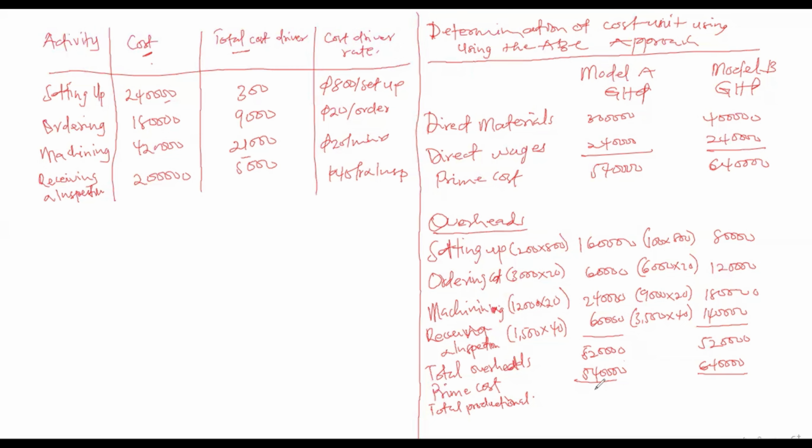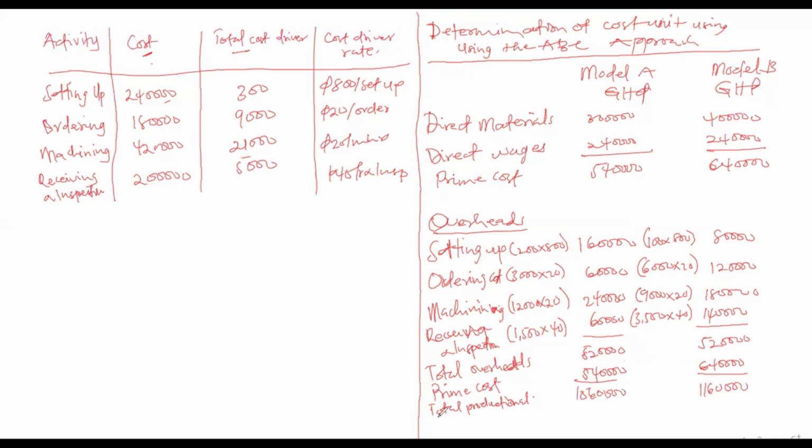So the total production cost for model A is 10600, then model B is 116000. So that is the total production cost.